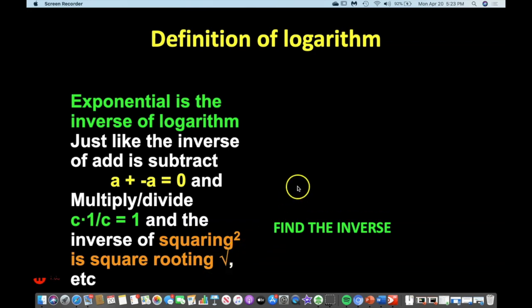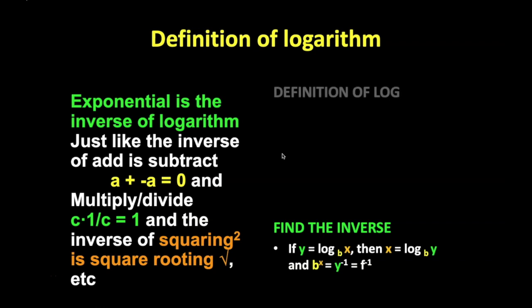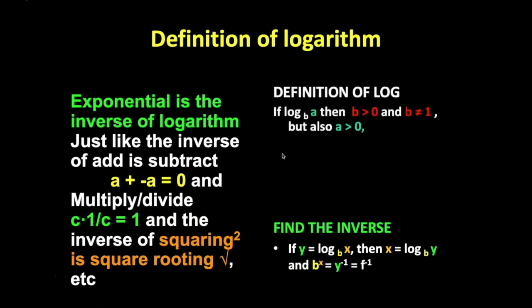Logarithms. Exactly. So let's look at the definition of a logarithm. A log is written with a small base b of a equals something, and by definition the b has to be larger than 0. It can't be a negative base, and b stands for base in that little subscript down there.